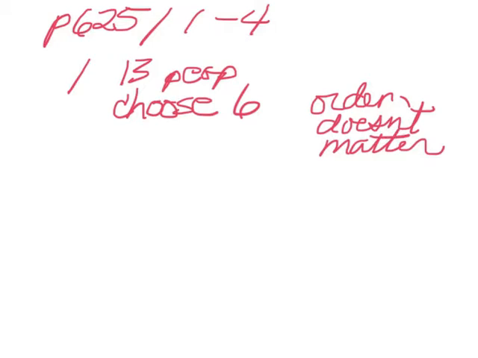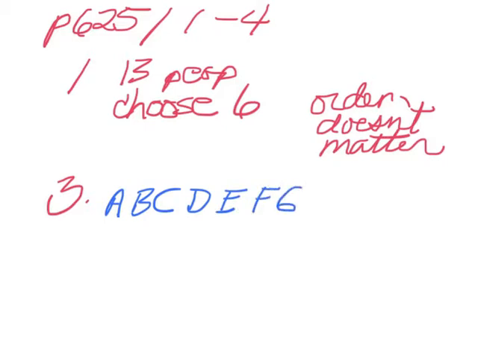So let's go to problem number 3. On problem number 3, it says how many different 4-letter passwords can be formed from the letters A, B, C, D, E, F, G, if you don't allow for repetition. Suppose I have A, B, C, D, that's a password.